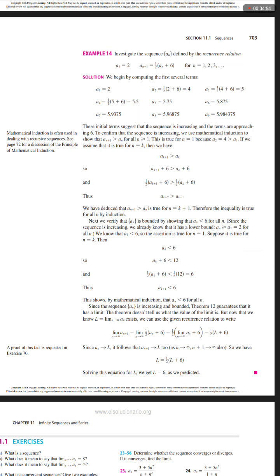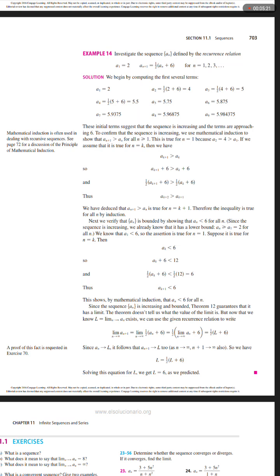the limit as n approaches infinity of a_n + 6 equals 1/2 (L + 6). Since a_n approaches L, it follows that a_{n+1} approaches L too, as n + 1 approaches infinity.